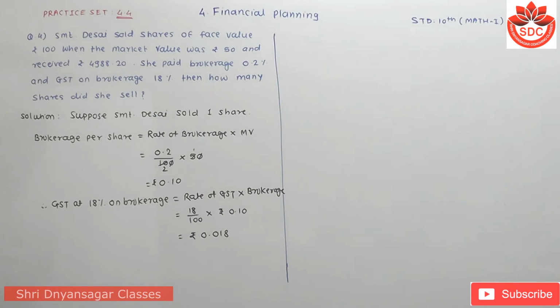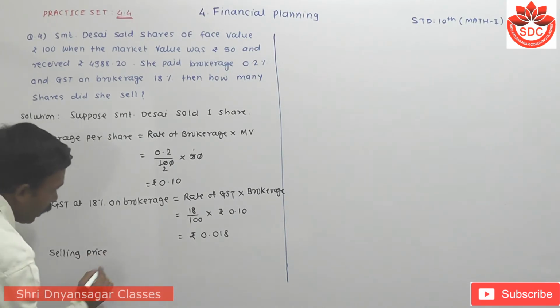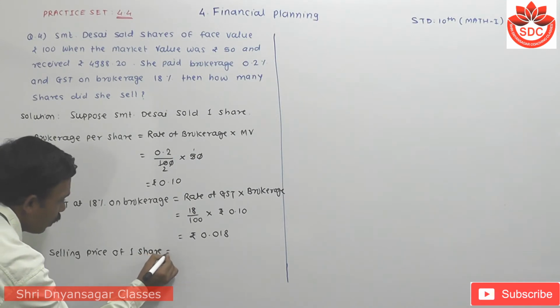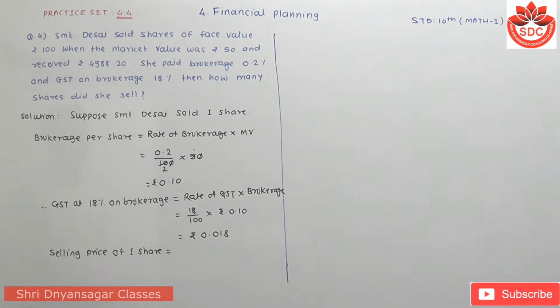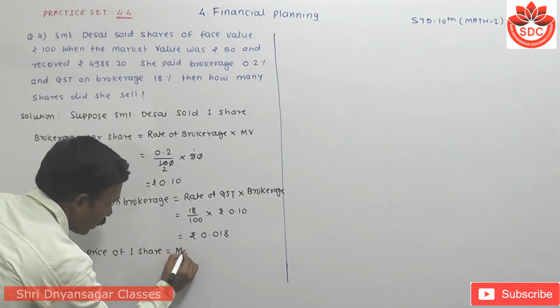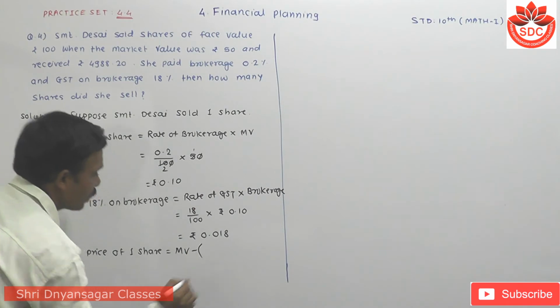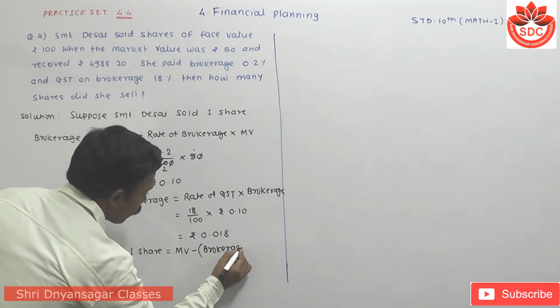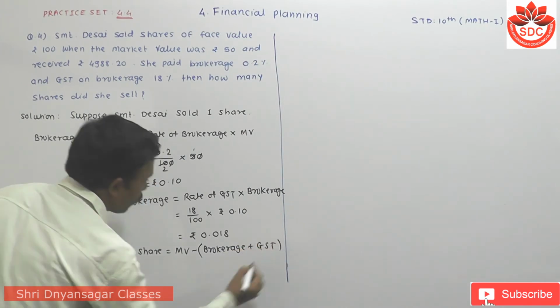So the selling price of one share is equal to market value minus brokerage plus GST.